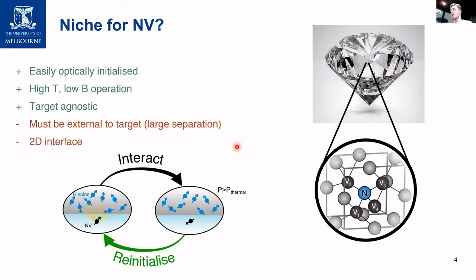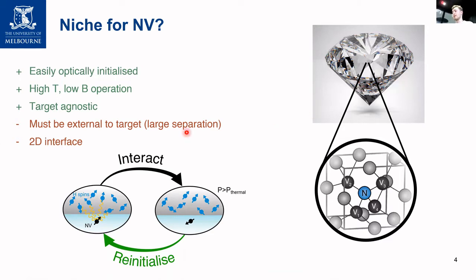So these are very appealing positives for NV. However, it does come at a cost, because our spin defect is embedded within the diamond lattice and we want to polarize spins outside of the diamond. We're necessarily in a very weak coupling regime compared to other techniques, which means slow polarization transfer. This is just because of the large distance between the NV and the nuclear spins we want to target.